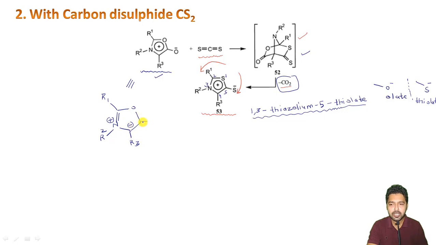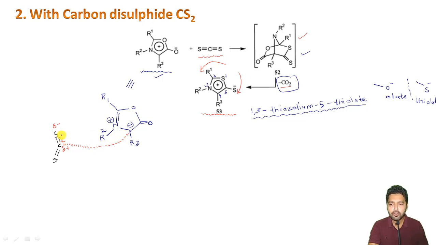This will now be a double bond oxygen here, and here on the other side I am having my dipolarophile, which is carbon double bond sulfur. Because the sulfur atom has a partial negative and this carbon has a partial positive charge, the negative end of this 1,3-dipole will be interacting with this carbon atom, and I can show the interaction like this.